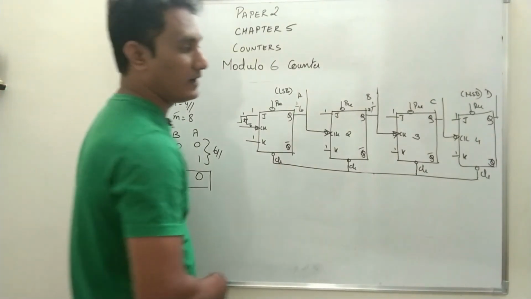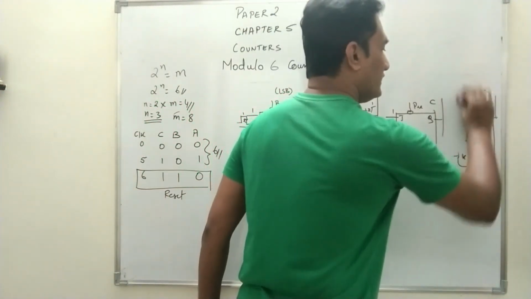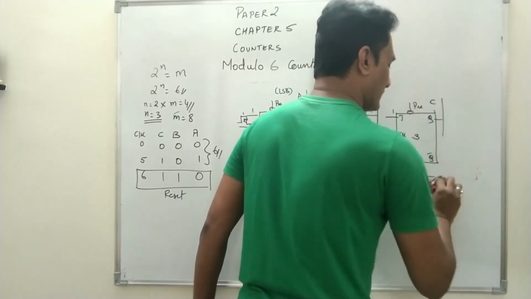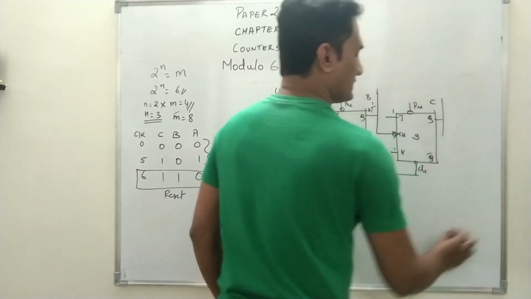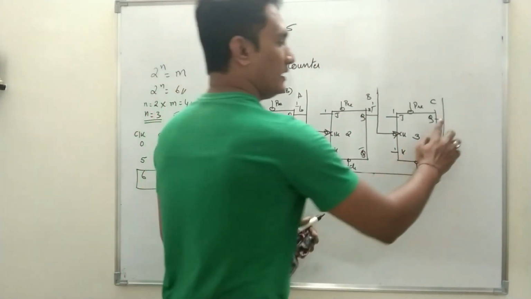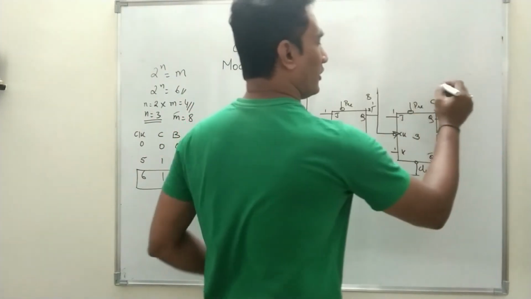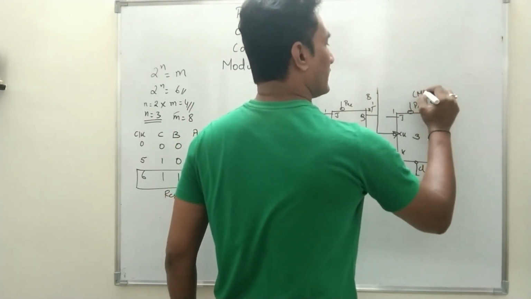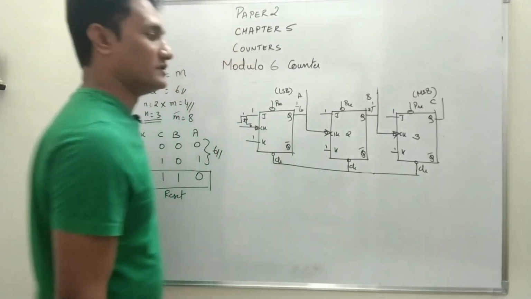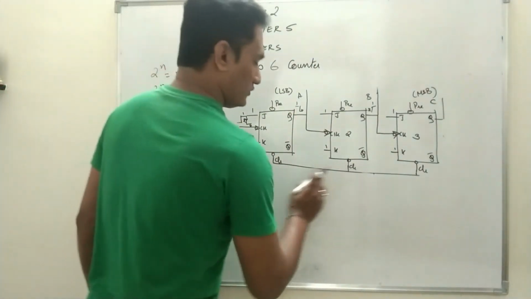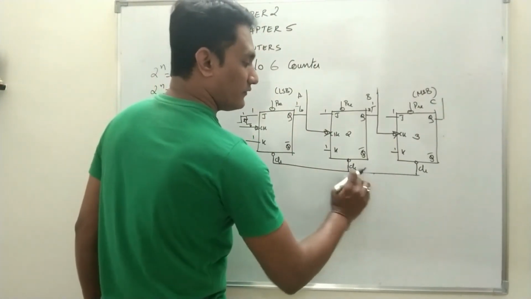Now we require only 3 flip-flops. So the circuit will be like this. This is the modification which I am going to make in the circuit. Now C is your MSB. Now you have to connect clear terminal of all the flip-flops.